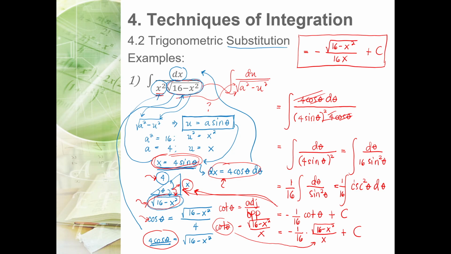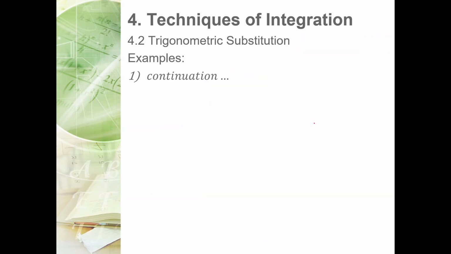Okay, so let's proceed to the next example. This time we have the integral of 1 over x times the square root of 9 plus x squared.